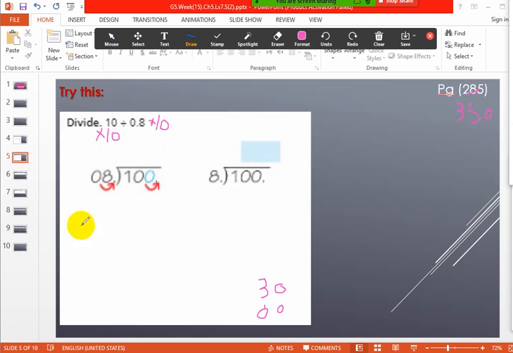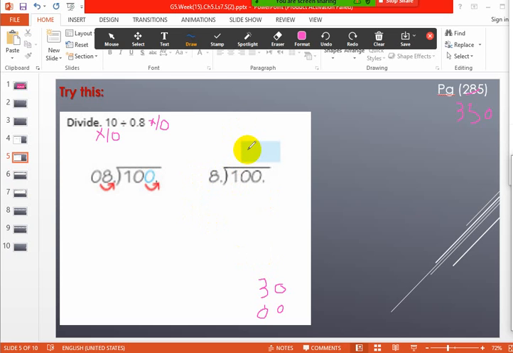Now I will divide. First thing, 1 divided by 8. Can I divide 1 by 8? No. I will take the 0, so it will be 10. Now 10 divided by 8. Okay, Lana, open the mic and tell me. 10 divided by 8 equals what?